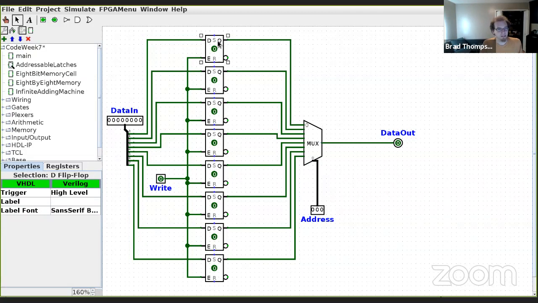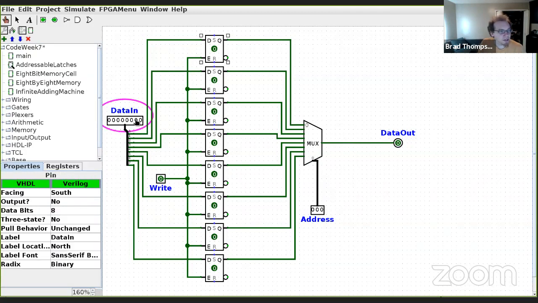Then down here at the end, we're feeding all of the latches' outputs into what Logisim and most circuitry things call a multiplexer. The book refers to it as a selector. It takes in an address and a bunch of different inputs, and based on the address, it picks one of the inputs to send out.